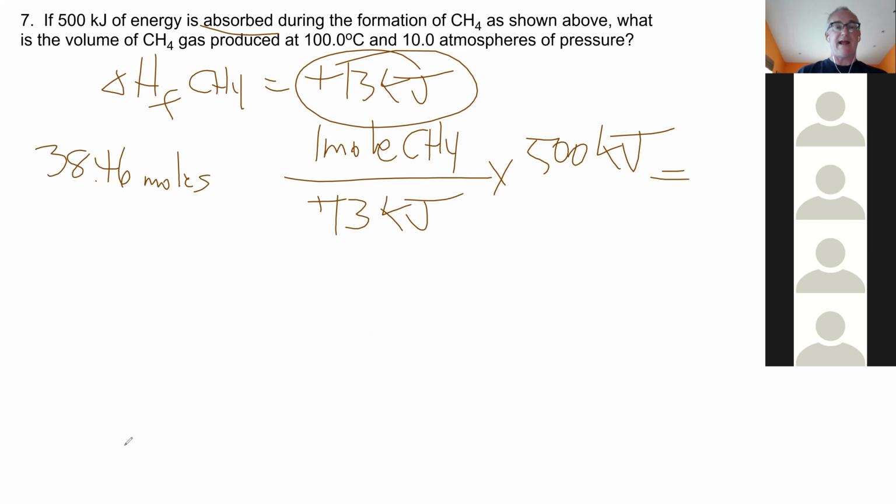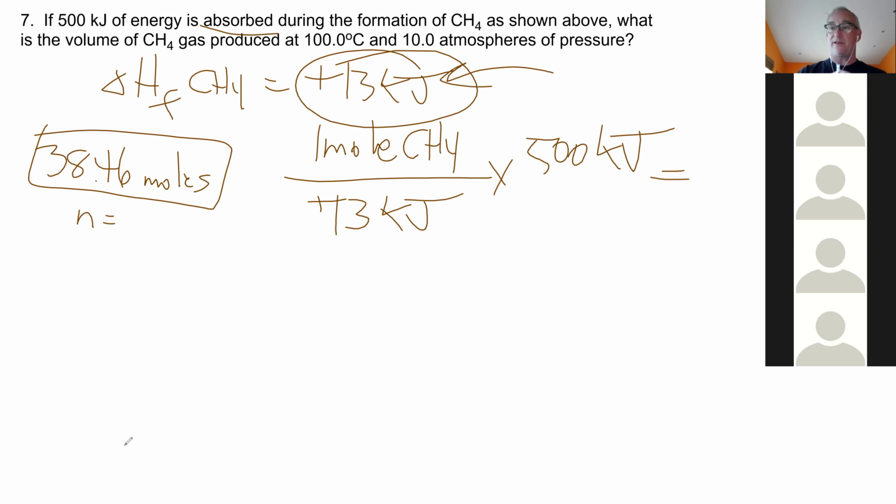So now we have our n. n equals 38.46 moles. Basically, all we did to figure out the number of moles is treat the energy as a reactant. My reactant for making methane is 13 kilojoules.